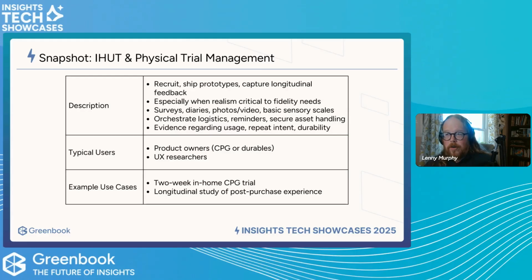Those are generally structured with smaller sample sizes, but within a monadic type of design. So you're getting good feedback. Lots of companies have automated the process, but the end result is still people sharing feedback on a product, either in a central location test or home use test.